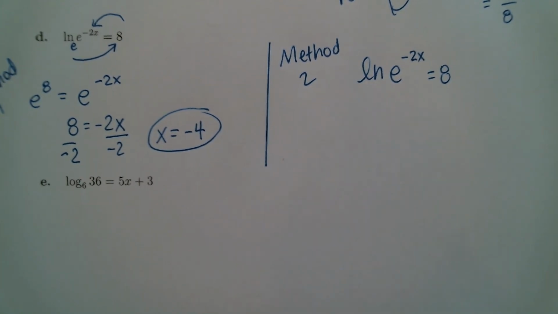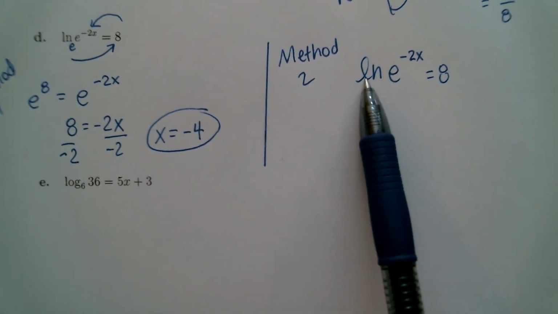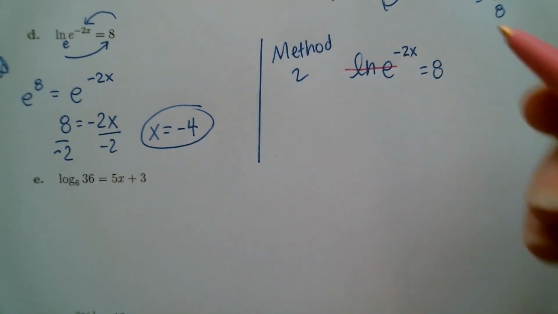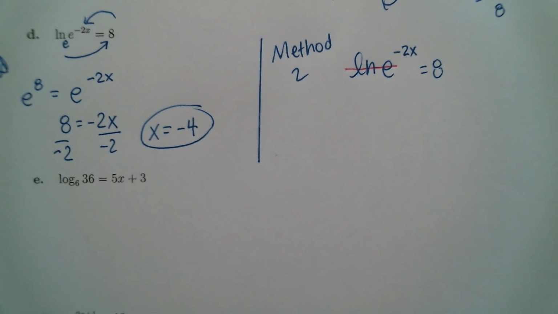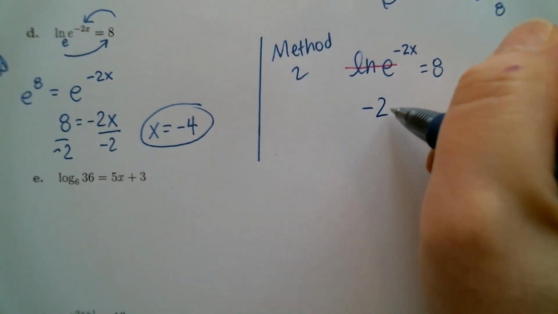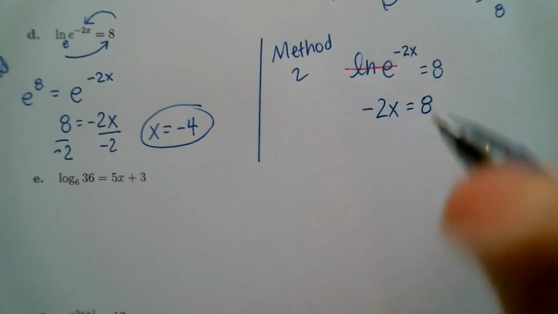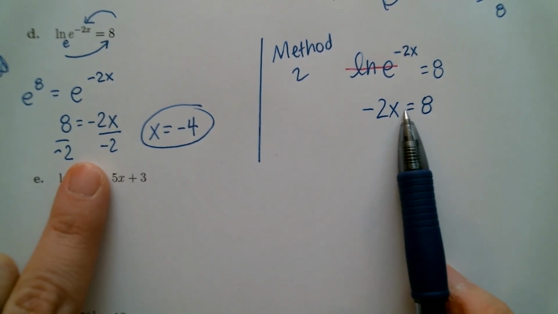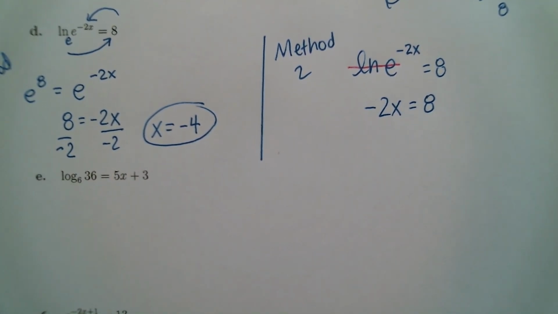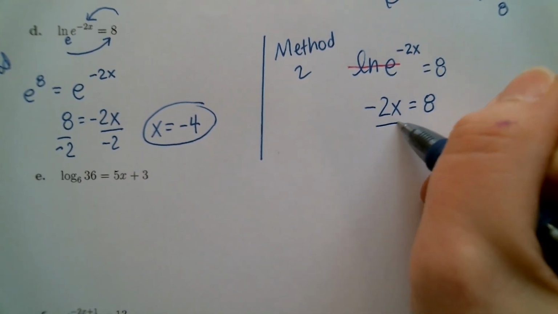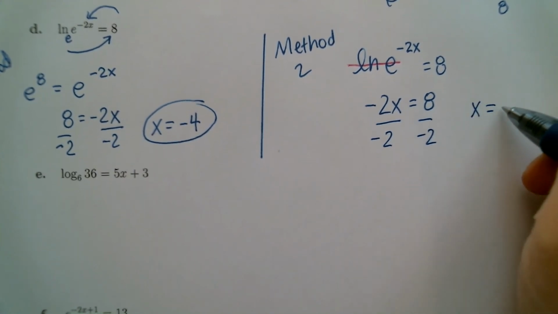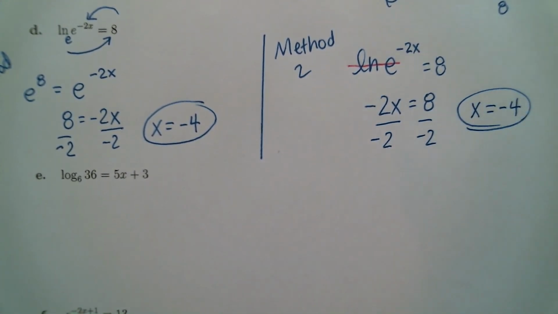Natural log and e are side by side, so they are inverses and cancel each other out, and then the exponent comes down. So you end up in the same place you ended up with the arrow method. This is just a little bit quicker. Then you divide by negative 2 and again get x is negative 4. So both methods work. It's just a matter of personal preference.